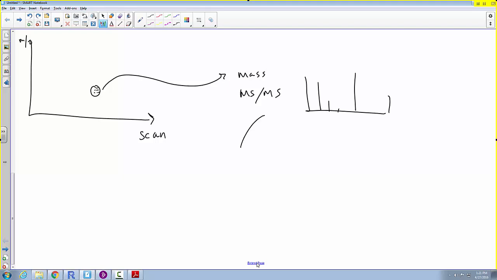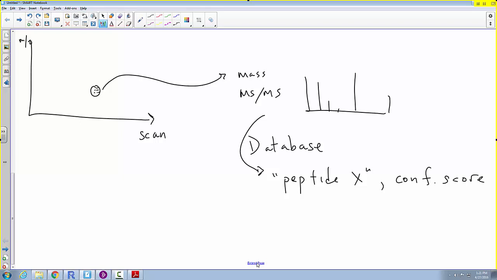So from the database, we will get a match. Let's call it peptide X and a confidence score. Some kind of match quality.